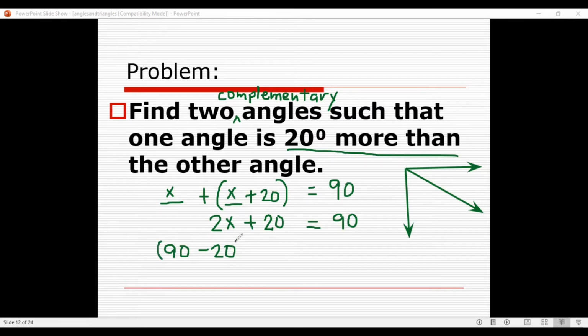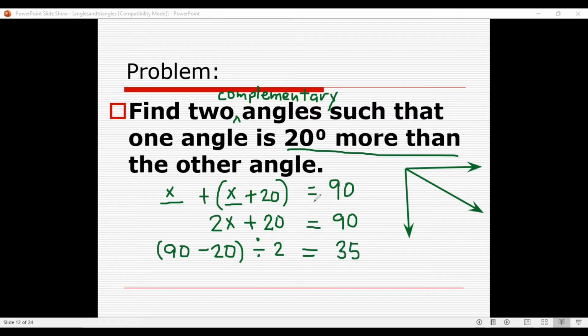Therefore, the opposite operation of multiplication by 2 is division by 2. That is how you can do it by working backwards. So 90 minus 20 results in 70. 70 divided by 2 is equal to 35.